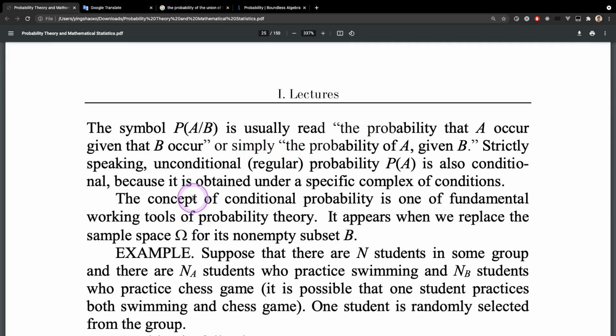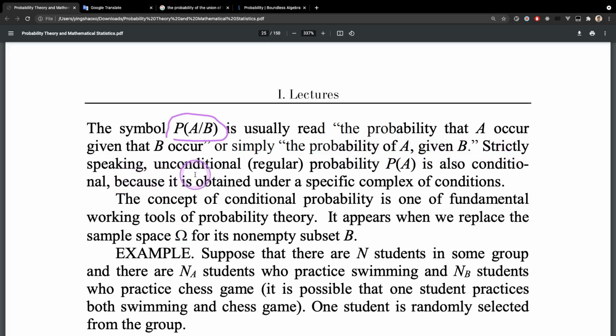So now, when you see this symbol, you should immediately have something in your mind. For example, you read this sentence: the probability that A occurs given that B occurs.